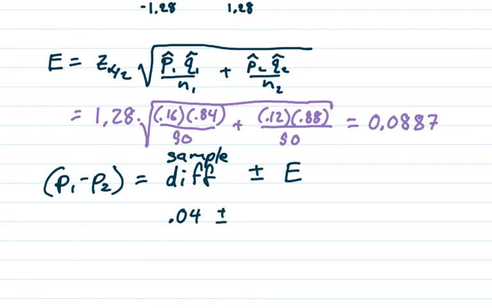So 4% plus or minus 0.0887. And so when we add them together, that gives us 0.1287. When we subtract 0.04 minus 0.0887, we get negative 0.0487. I think I said that wrong, but it's written correctly.